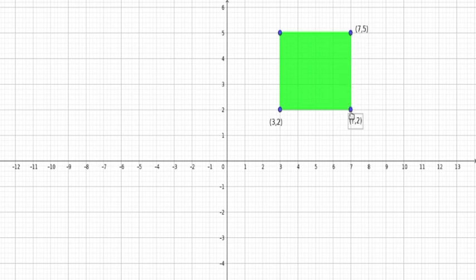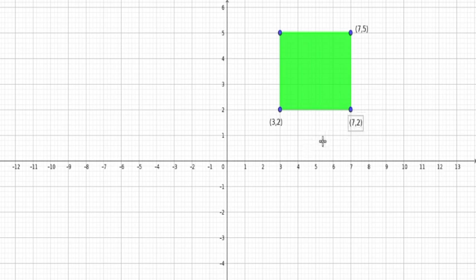And we know that if a line is parallel to the y-axis, the x coordinates of all the points on that line are the same. So here the x coordinate is 7. Then what about the x coordinate of this point? The x coordinate of this point is also equal to 7. So the coordinates of this point, that is the second vertex, is (7, 2). Let us write.